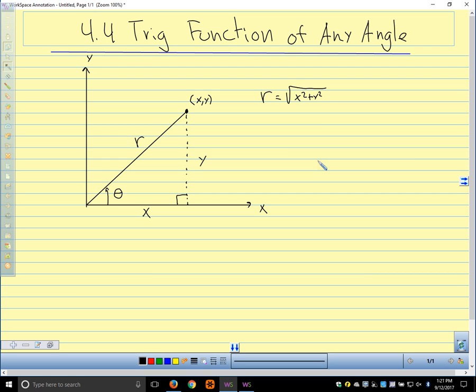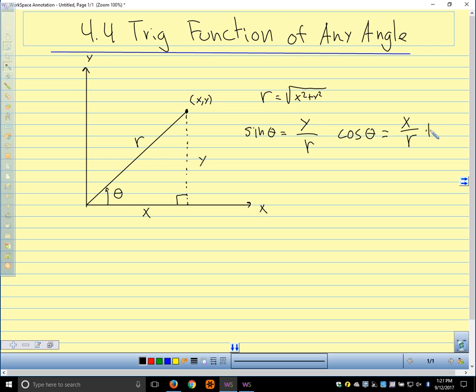And now we're just going to apply SOHCAHTOA to this angle. The sine of theta is opposite over hypotenuse, y over r. Cosine theta, adjacent over hypotenuse, x over r.